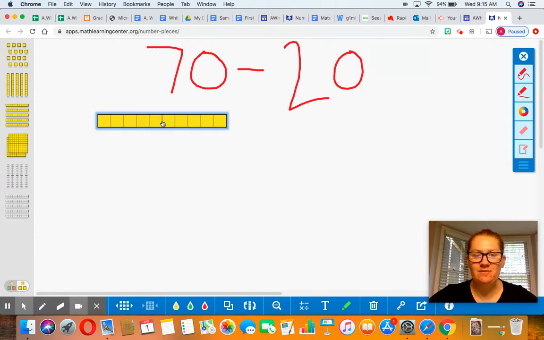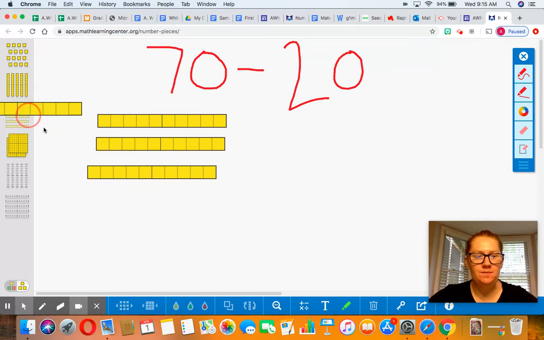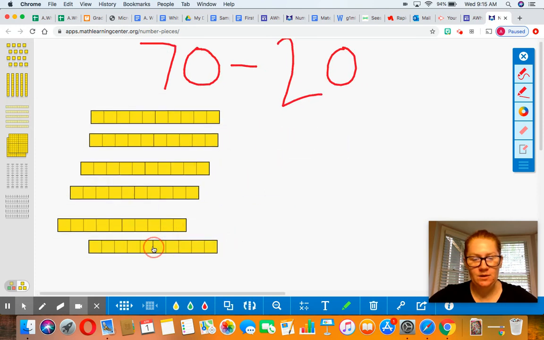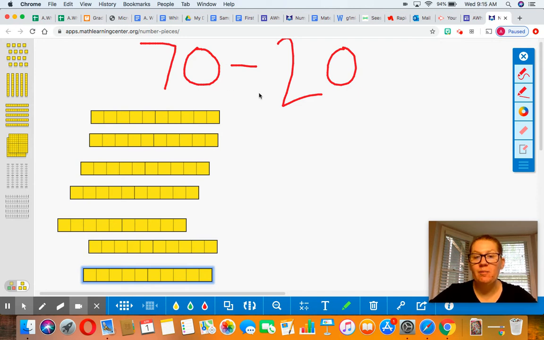I know that 70 is the same as 7 tens. So 10, 20, 30, 40, 50, 60, 70.